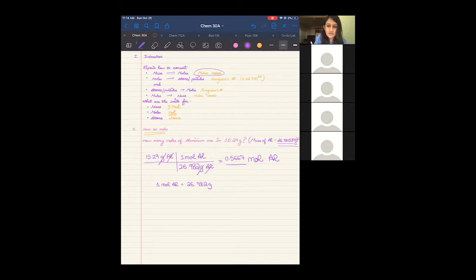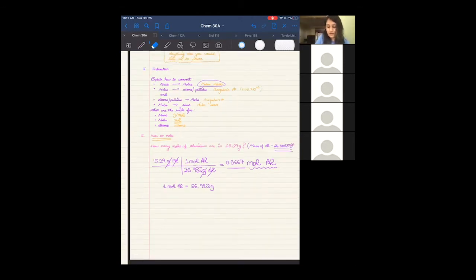We could put moles aluminum, but it won't necessarily make sense. So let's just put moles of aluminum like this, because if we put this, that means we're dividing the moles by aluminum. So looks like everybody got this. So let's try the next problem.